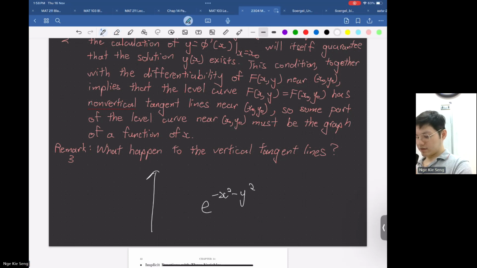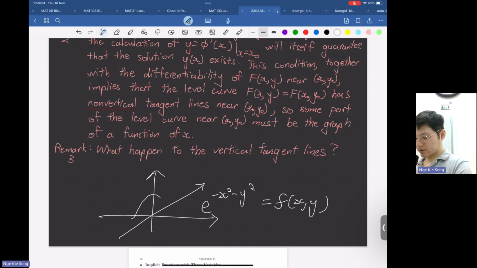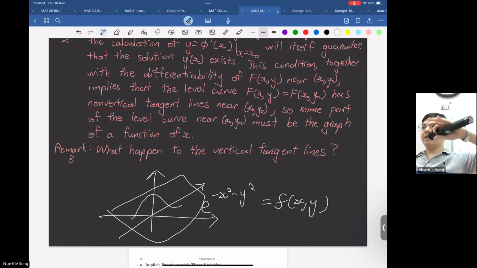Not yet? The shape is something like this. Let's look at this f(x,y). It's a plane, but it comes up a bit at the origin. It's the Gaussian distribution, if I'm not wrong. You can go and find it.